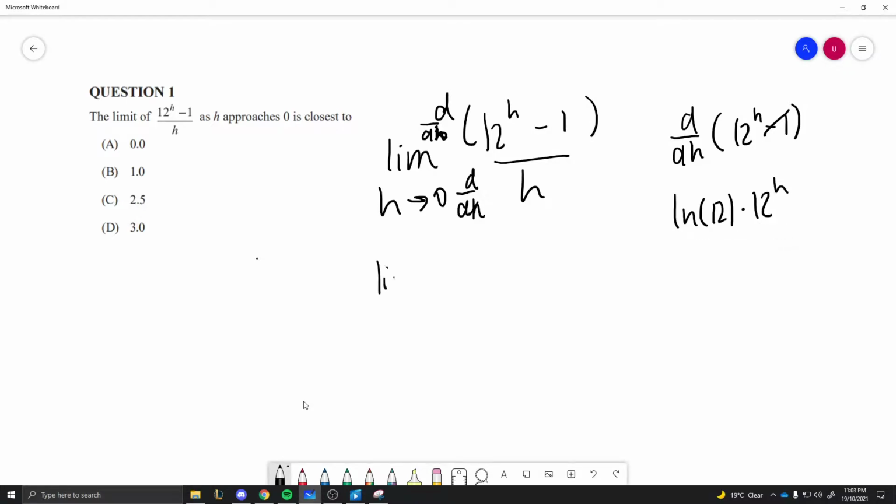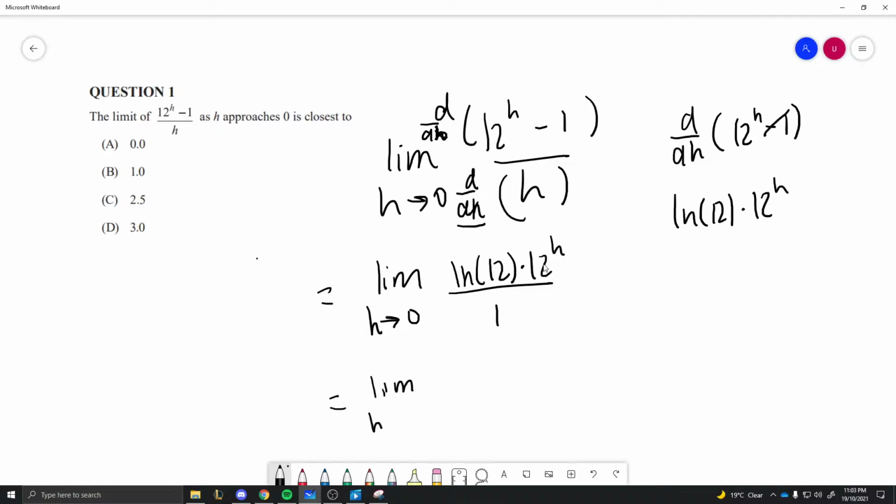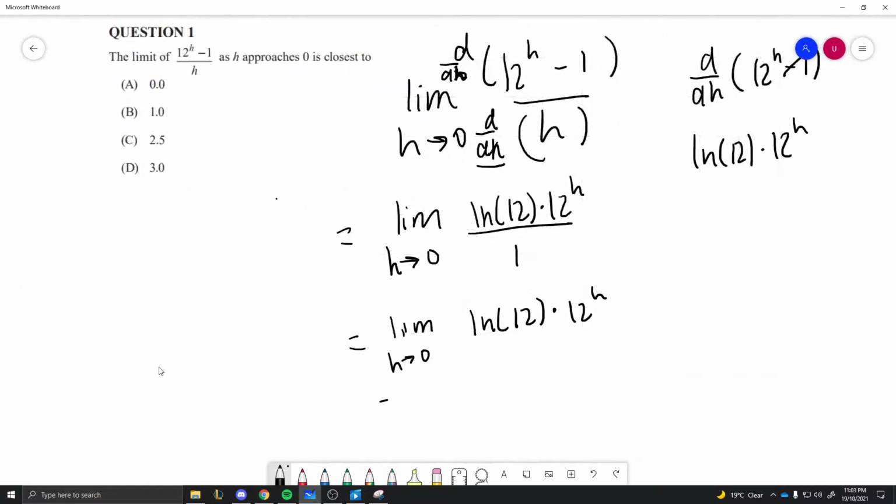So this is just going to equal limit as h approaches 0 of the derivative on the top, which is ln 12 times 12^h, divided by the derivative of the bottom, which is just going to be 1. So this is equal to the limit as h approaches 0 of ln 12 multiplied by 12^h, but we can sub 0 in now, and it's just going to equal ln 12. That's going to be your answer.